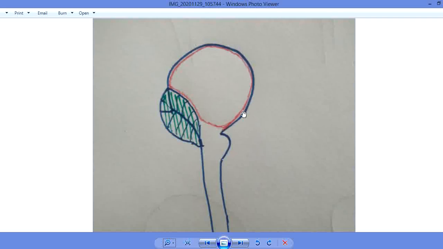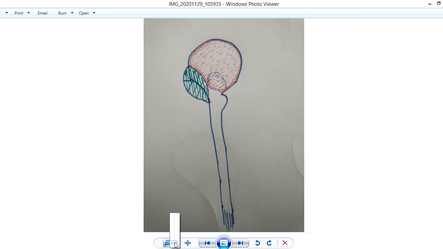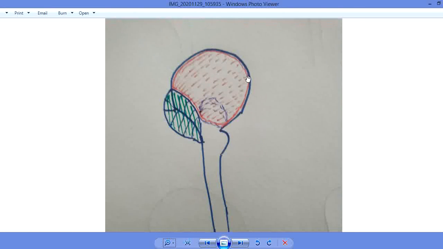The area which is encircled by the red line, this represents the main area of the prosencephalon or forebrain. In this diagram, you can see over here that this prosencephalon or this forebrain consists of this area.